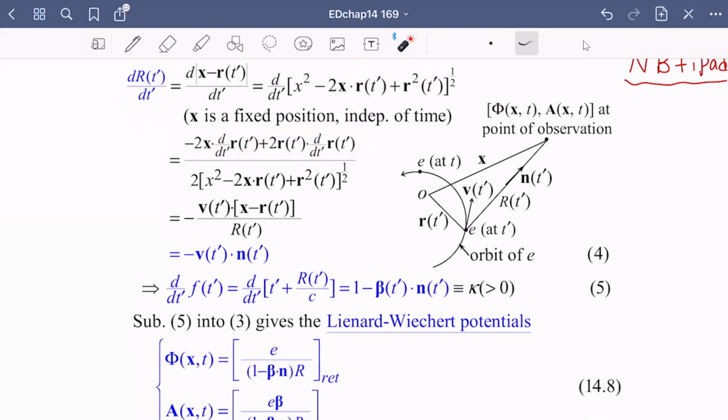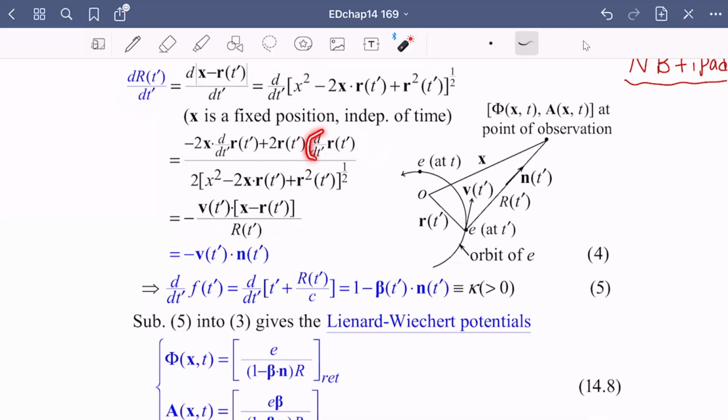And 1/2 gives us 2 moved to here. And 1/2 becomes 2 from the numerator to denominator. This part is the same, okay? And this one is R, the same. And this one, that is the speed of light, right?